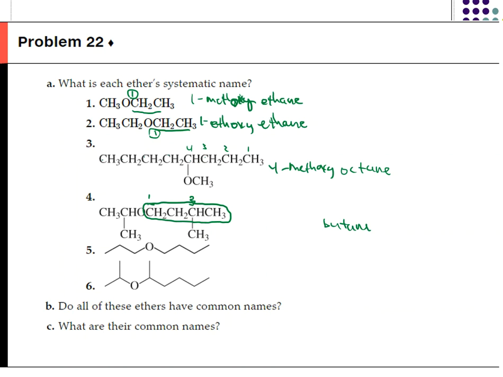Isopropoxy group. So this is a 1-isopropoxy, right? And then after that is a 3-methyl, and then after that is the word butane. All right, so that is the IUPAC name for that particular structure.